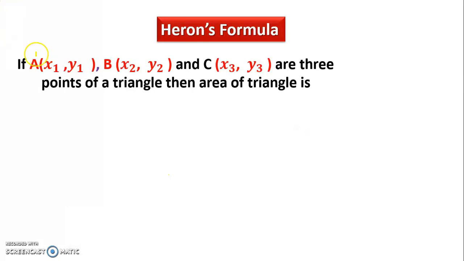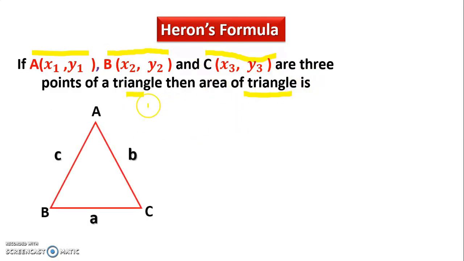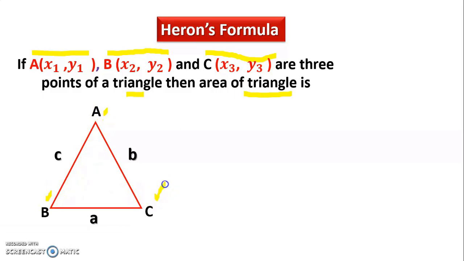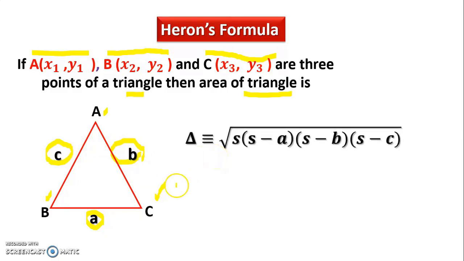If A (x1, y1), B (x2, y2), C (x3, y3) are 3 points of a triangle, then the area of the triangle is given as follows. The triangle vertices are A, B and C. Small a, small b and small c are also given here. What is the meaning of small a, small b and small c?